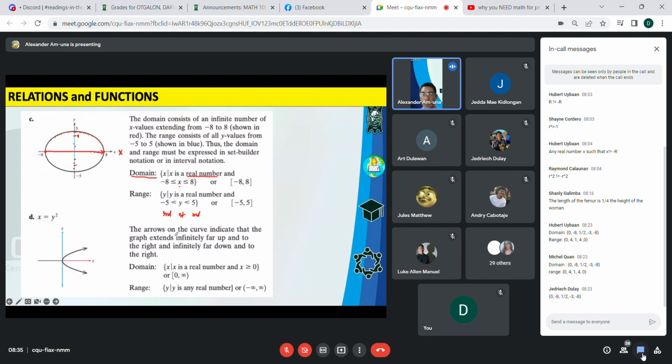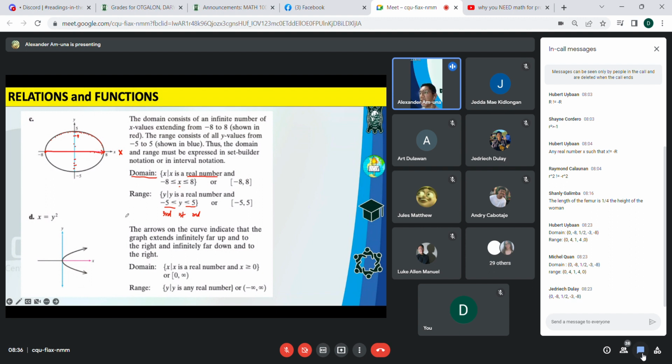Okay, para di kayo malito. Start from the middle, you read the symbol and then this. So that's why this is your second. And then you read the symbol and then this. But since you started from the middle, you do not read the symbol here. Instead, you read the opposite of that.